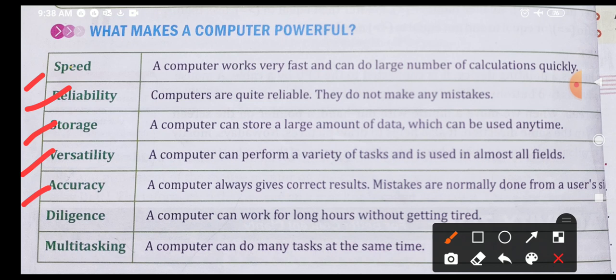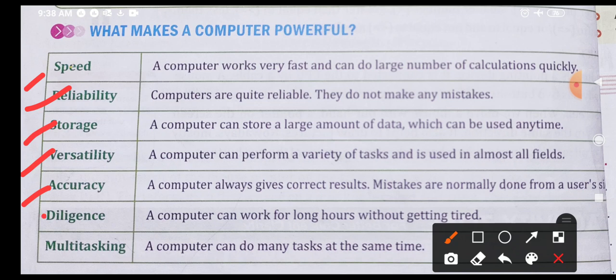Next is accuracy. A computer always gives correct results. The accuracy of the computer is very good. Mistakes are normally made from the user's side. Same thing, if we are not giving a wrong question to the computer, the computer never makes a mistake.